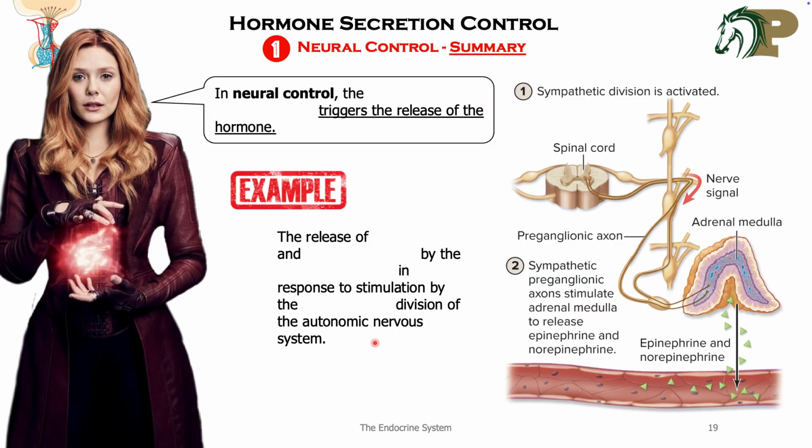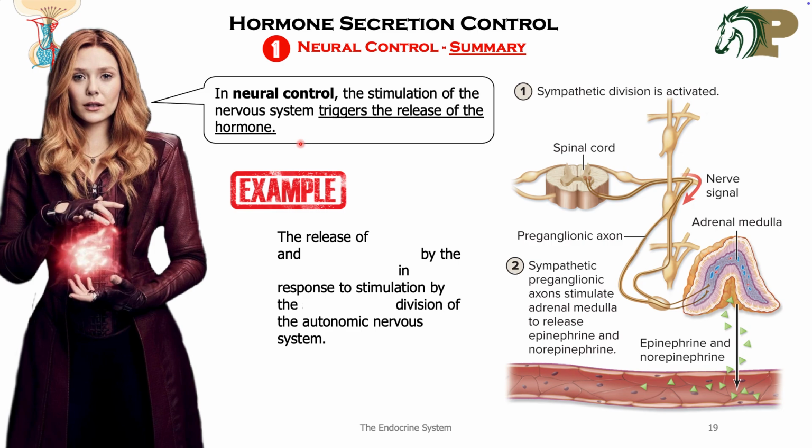So your summary for neurocontrol is the stimulation of the nervous system that will trigger the release of the hormone. That's technically correct, but epinephrine is a hormone, and norepinephrine is a neurotransmitter, so you can leave that be.